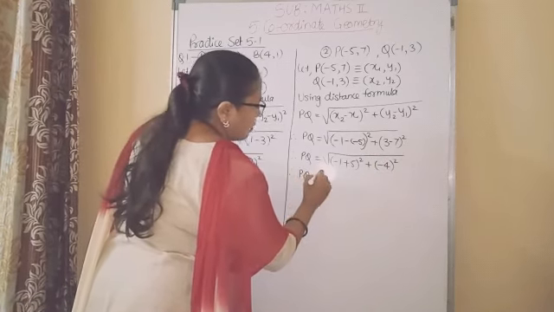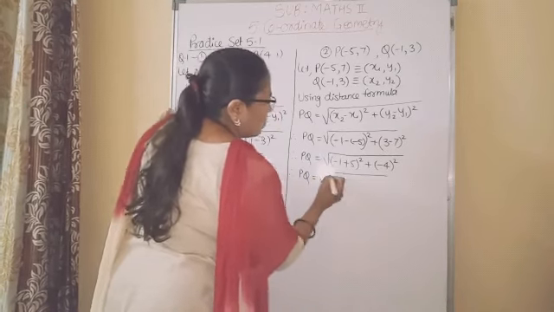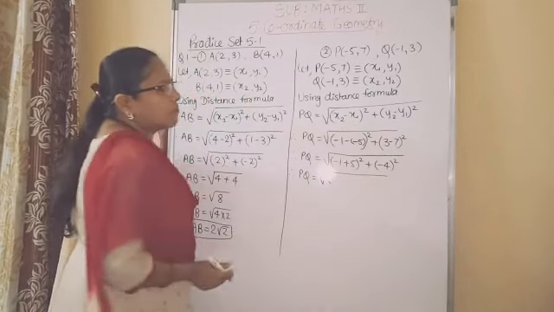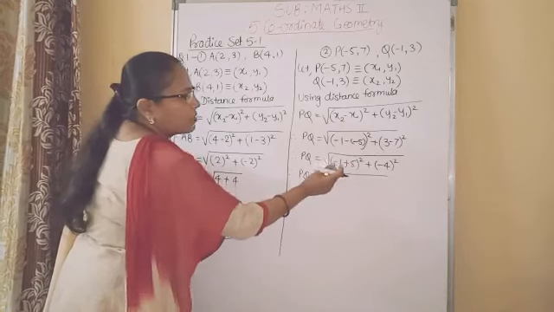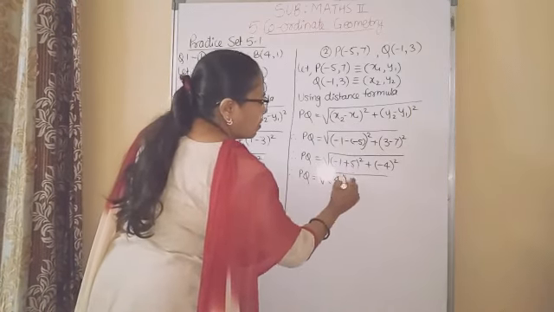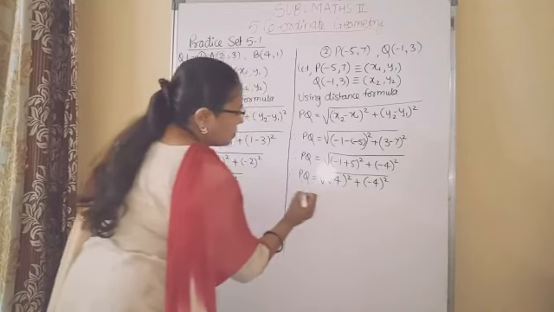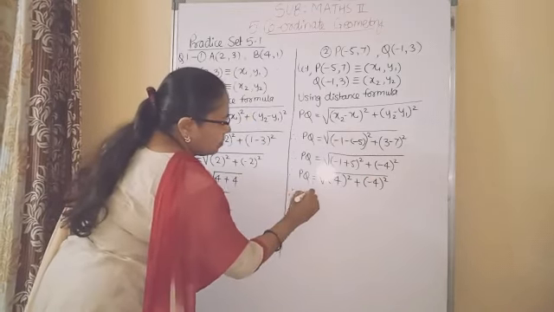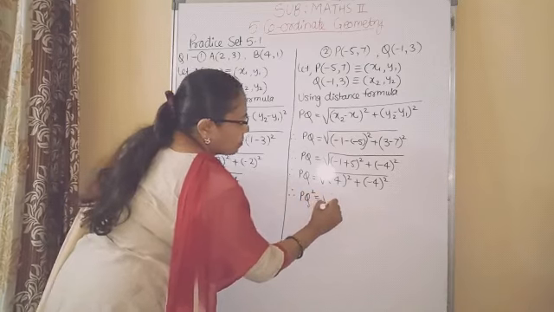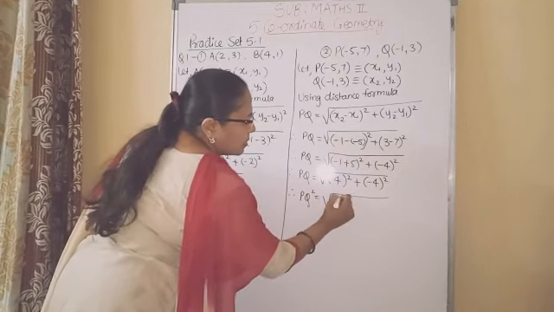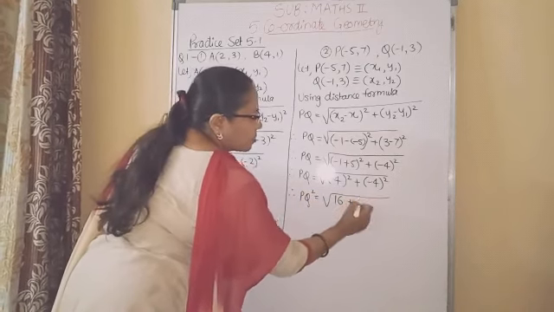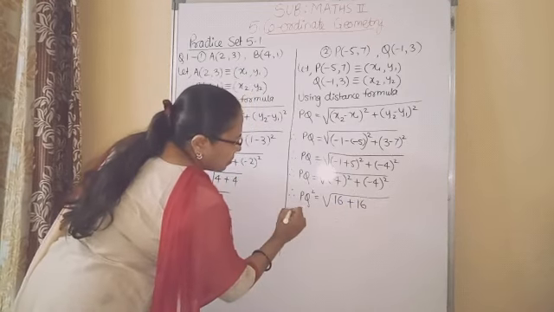Therefore, PQ is equal to the square root of (minus 1 plus 5, 4) plus (minus 4) square. 4 square is 16, minus 4 square is also 16.